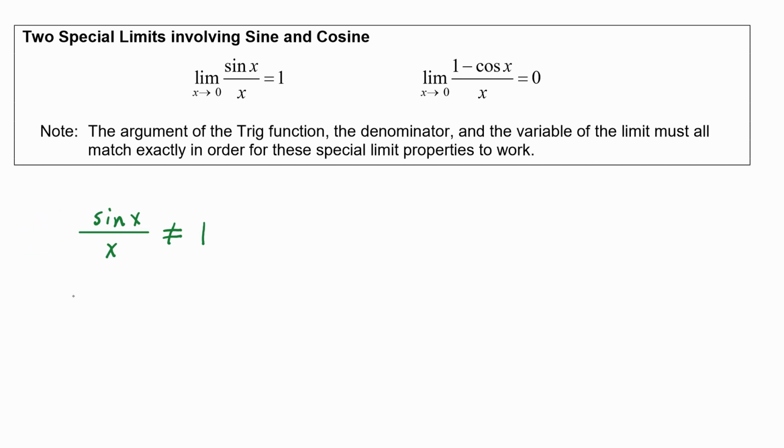It's only when you have the limit as x approaches 0 of sine of x over x that it will equal 1. And just a quick reminder that the variable of the limit, the variable in the denominator, and the variable that is the argument of the trig function must be exactly the same.